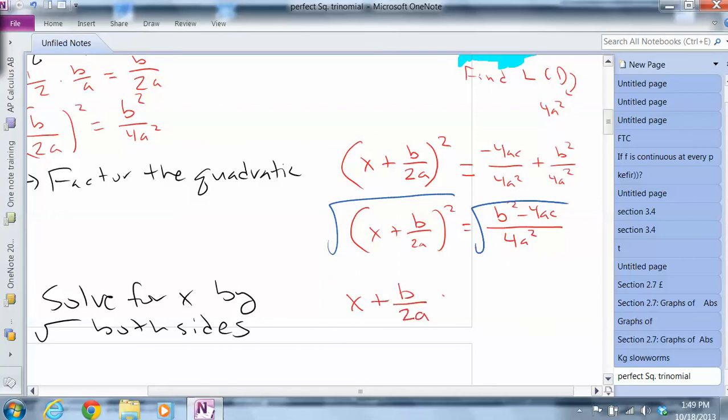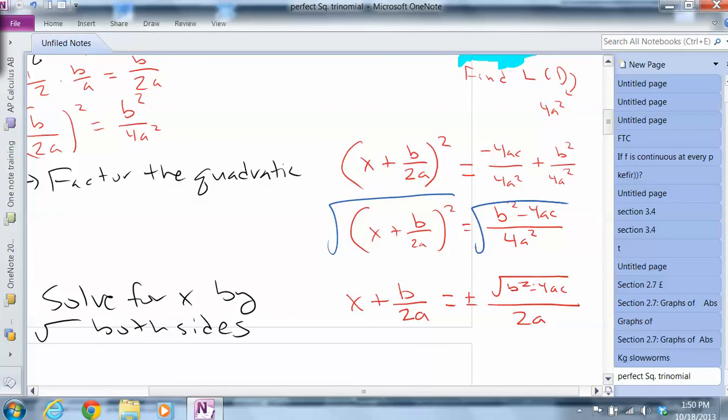You have this equaling... remember, how do you square root a fraction? You square root it, both top and bottom separately, right? So when you square root 4a squared, you should get 2a. When you square root the numerator, well, nothing you can do about it. It's just b squared minus 4ac.